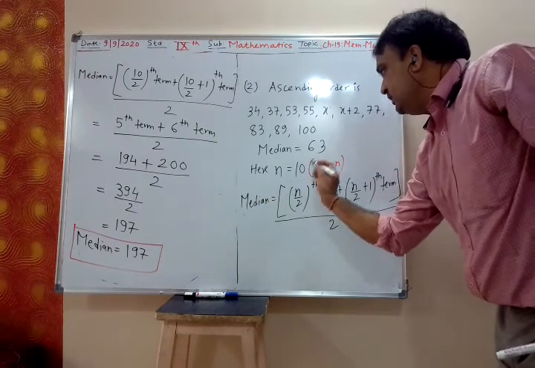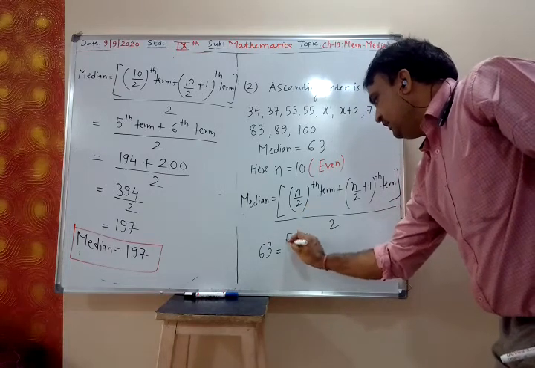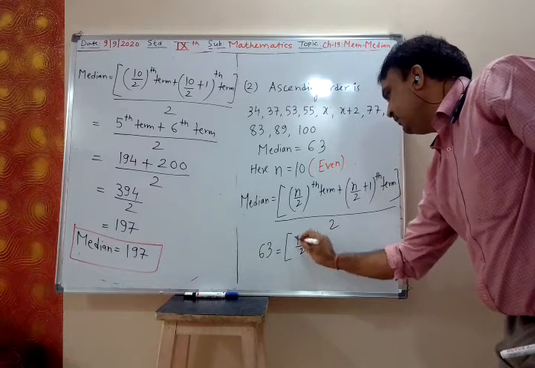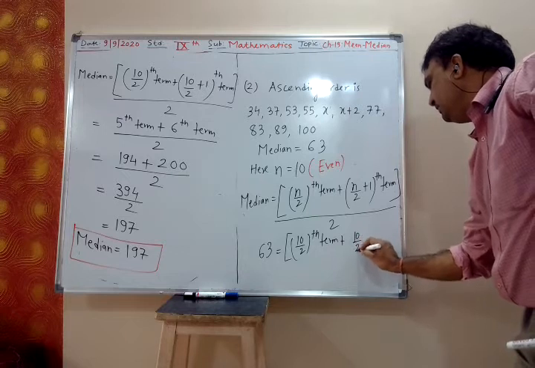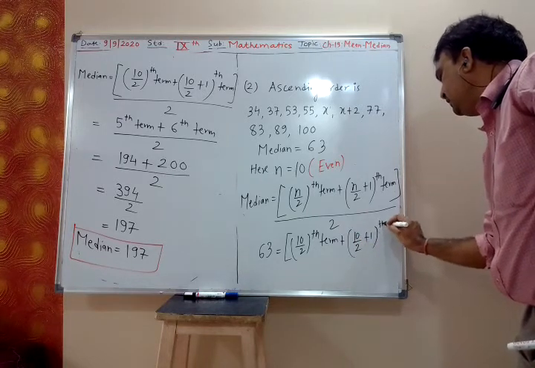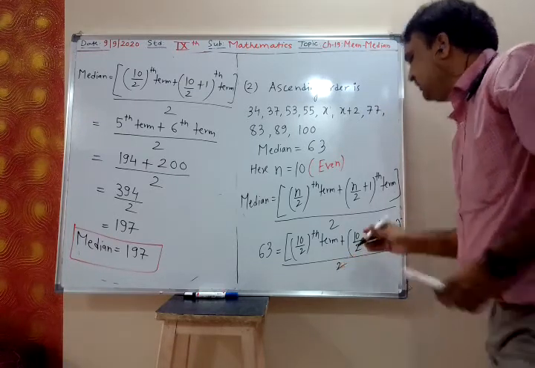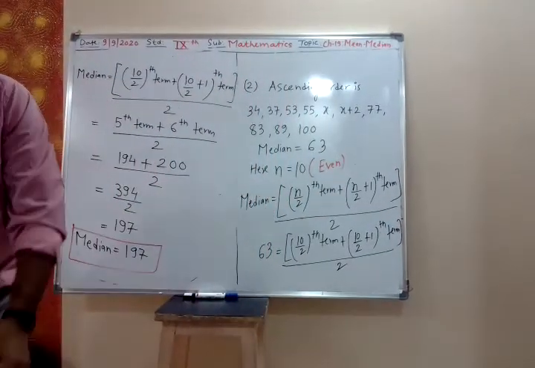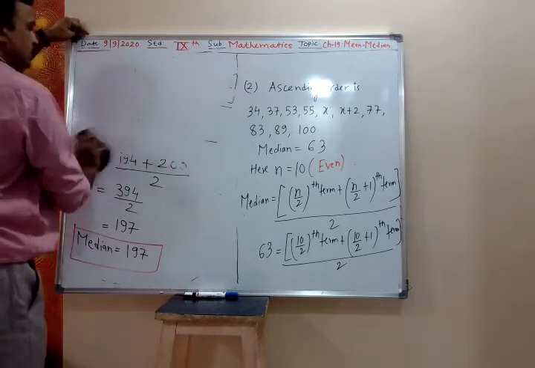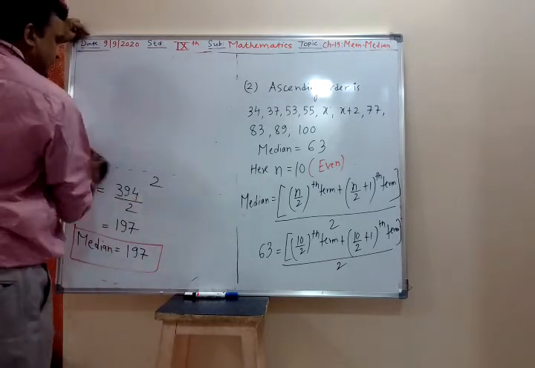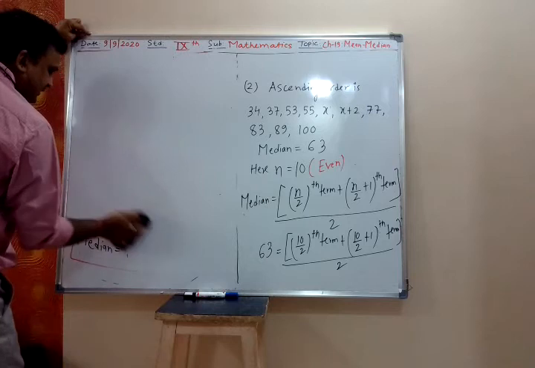The median value is already given to us, so we write 63. 63 is equal to, n is 10, so 10 by 2th term plus 10 by 2 plus 1th term, whole divided by 2. 10 by 2 is the 5th term, and 10 by 2 is 5, 5 plus 1, the 6th term.